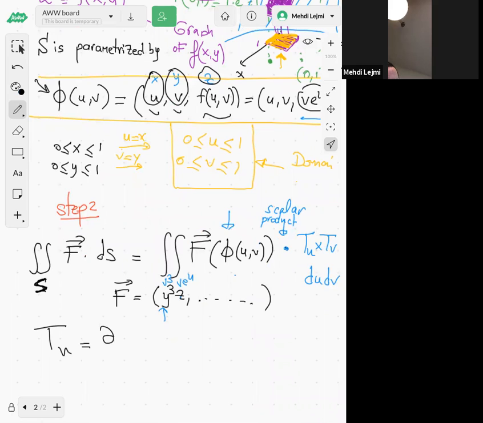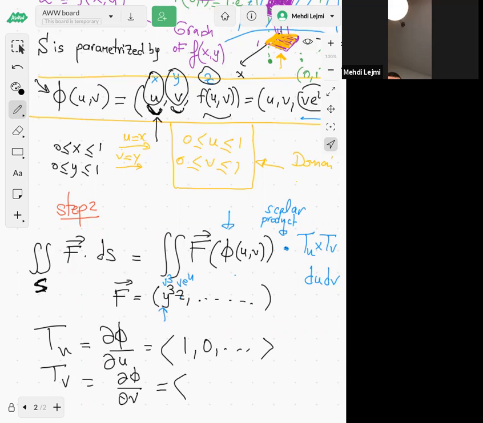In this case, the derivative of u with respect to u would be 1, and the derivative of v with respect to u is just 0 because there's no u, etc. And you do the same here. T_v is the derivative of phi with respect to v. So the derivative of u with respect to v would be 0, this is 1, and here it's just etc.